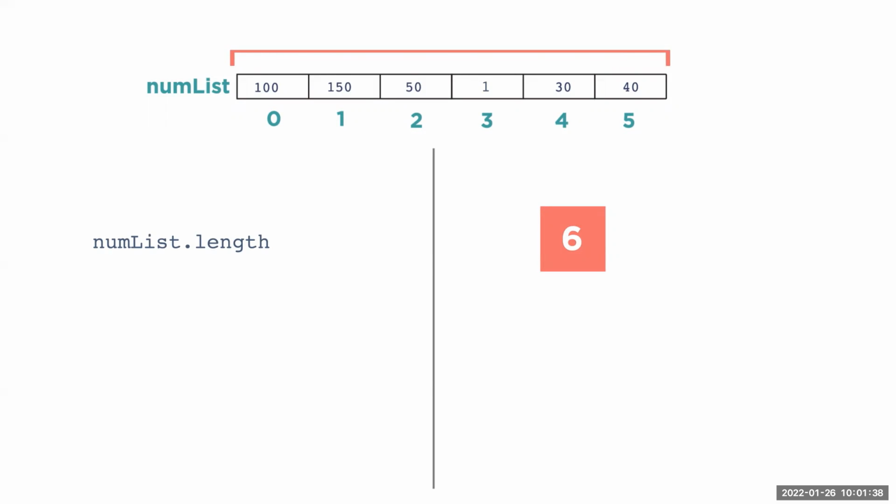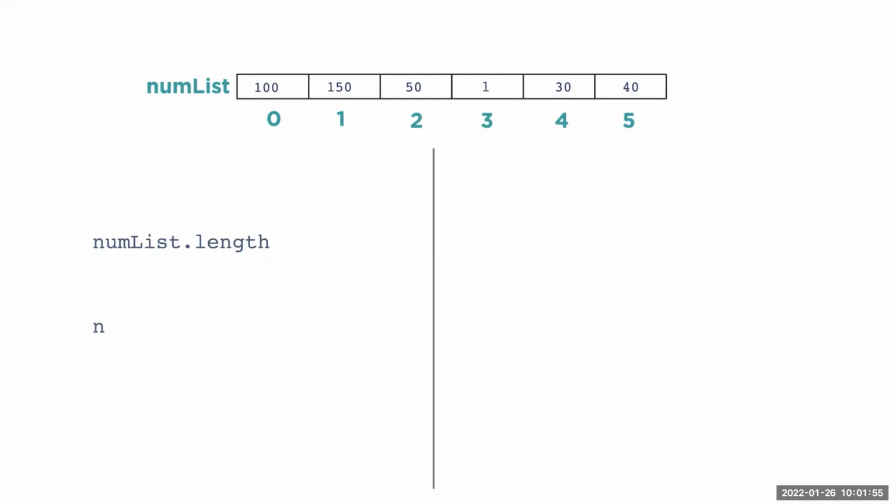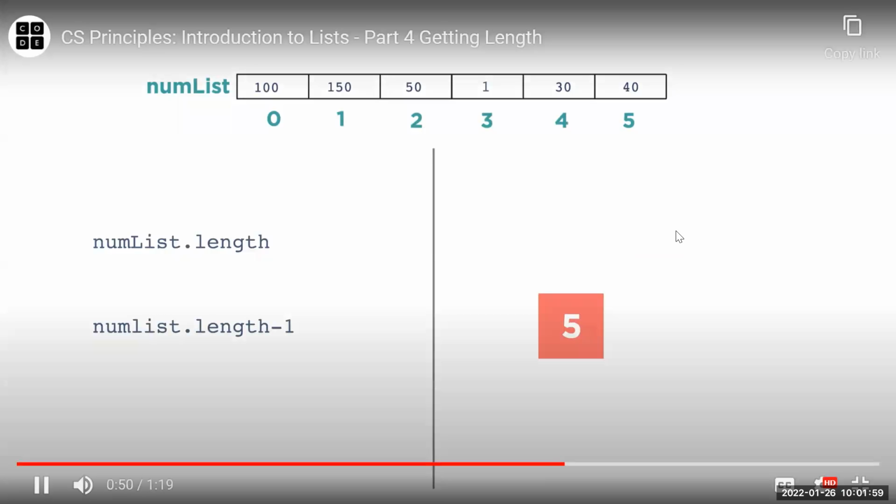A potential point of confusion is that even though the length of the list is 6, the last index is 5. This is because we start the indexing at 0. Because lists change size, a common issue in programming with lists is, what's the index of the last element? We typically find out using the expression list.length -1, and you frequently see it used to access the last element of the list like this.